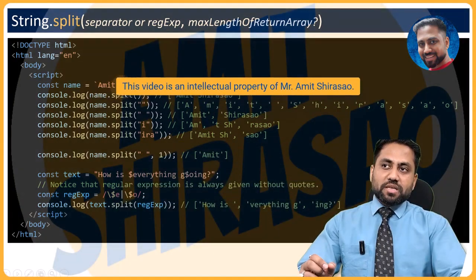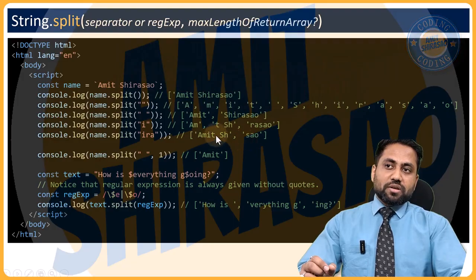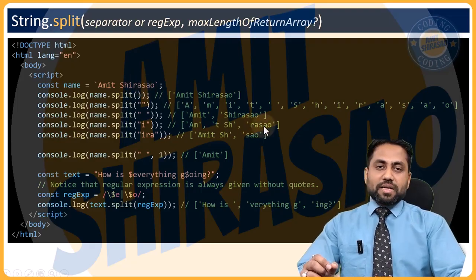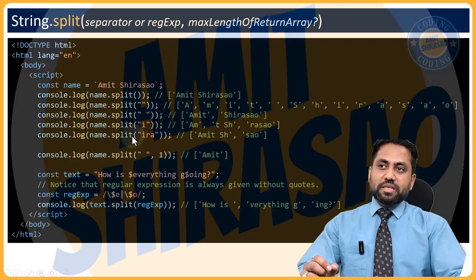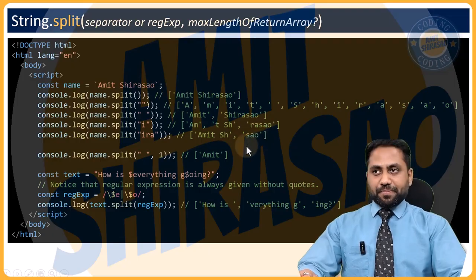Then T space SH, sorry, not I, Till SH will be the next element, and then I is gone. Then RASAO will be the last element of the array. Got the idea? Similarly, if I split using IRA, then IRA occurs only here. So everything before that and everything after that are two different elements of the array.